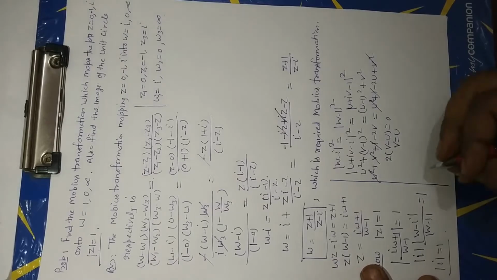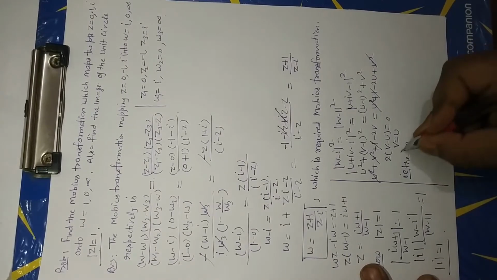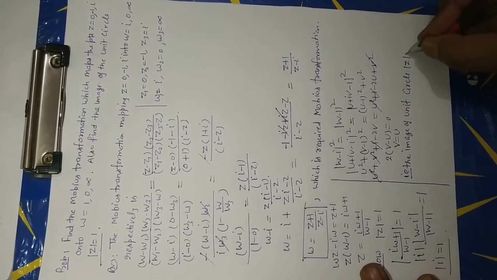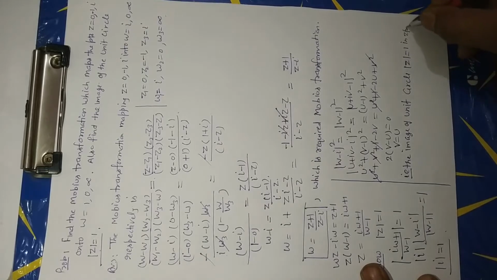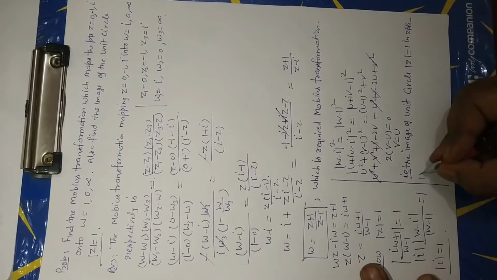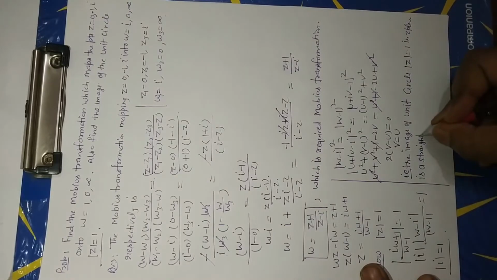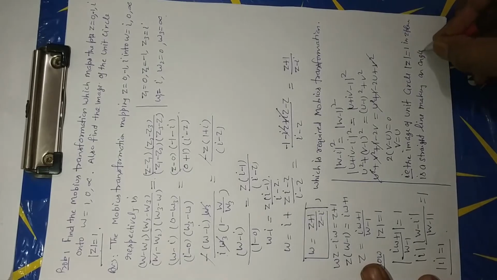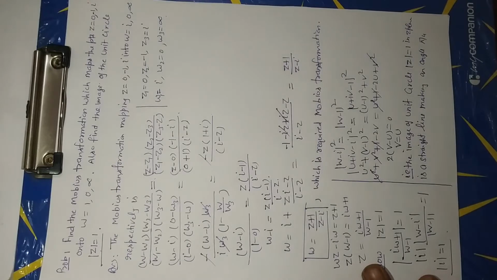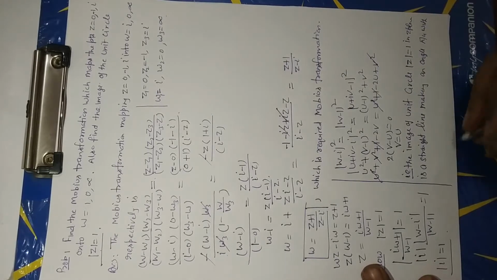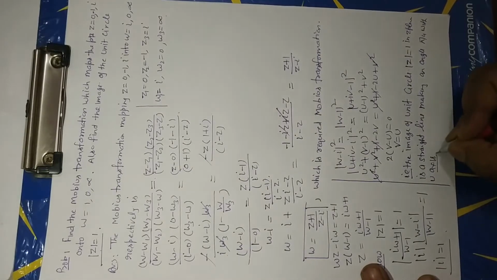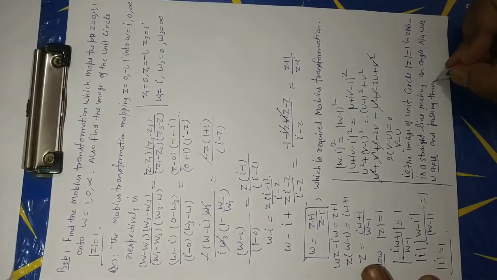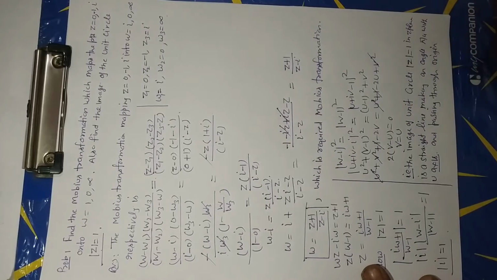That is the image of the unit circle |z| equal to 1 in the z plane: a straight line making an angle pi by 4, that is 45 degrees, with the u axis and passing through the origin in the w plane.